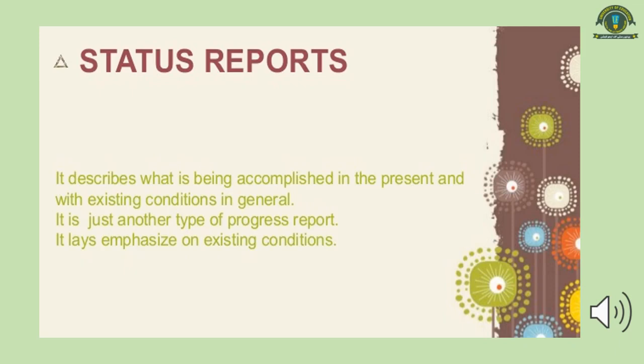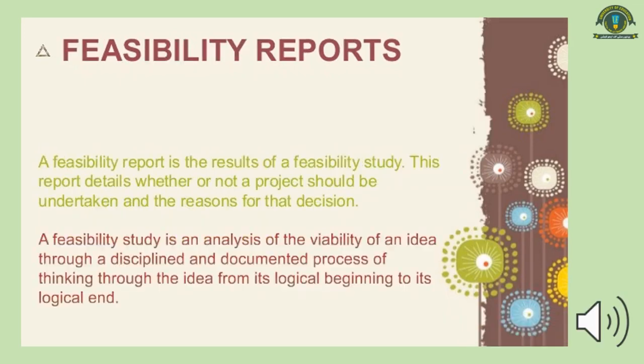So we can say that status reports give a summarized overview of the whole project, and along with this, present conditions described in detail, and work completed and remaining. All this is explained in status reports, and finally they give the final recommendations.